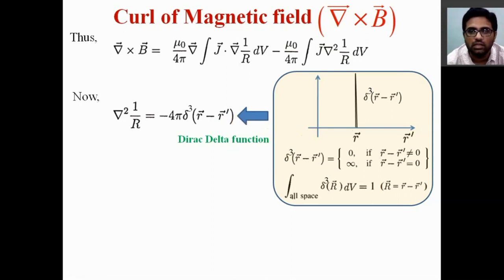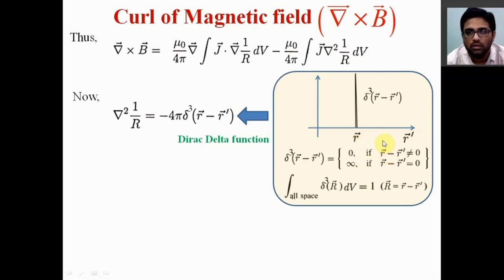So basically one should tell this function is a distribution function, right? Now you can see that the function has infinitely large value at r equal to r prime, and at other points it is 0, and the area under this curve is 1.